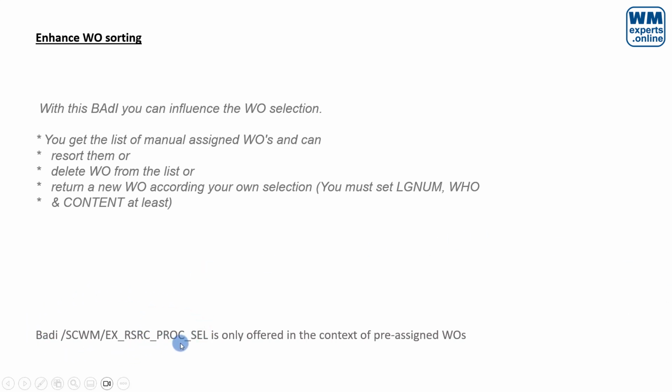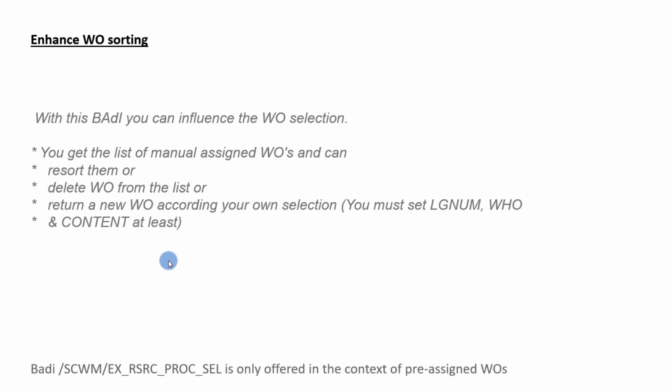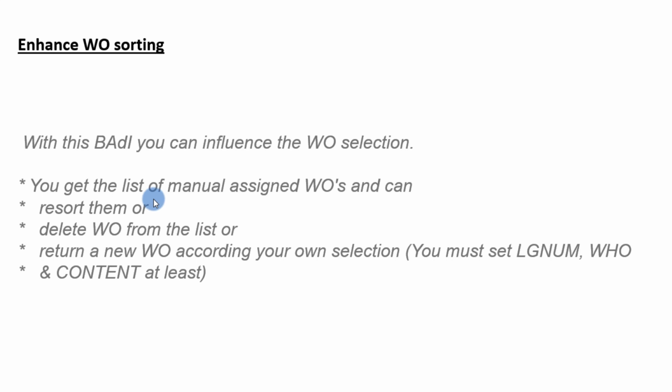And the comment and the coding that I found here, which pretty much summarizes what the BAdI is doing, is that you get a list of manual assigned warehouse orders and can resort them or delete a warehouse order from the list or return a new warehouse order according to your own selection. You must set LGNUM, WHO, and content at least. And you see already here an important hint that it seems to be relevant for manually assigned warehouse orders only.